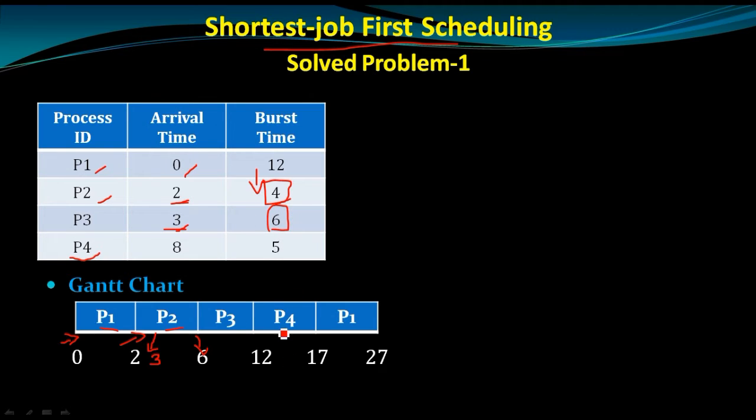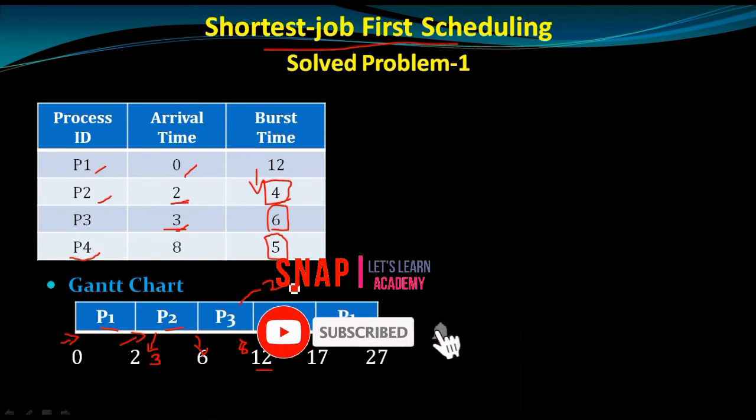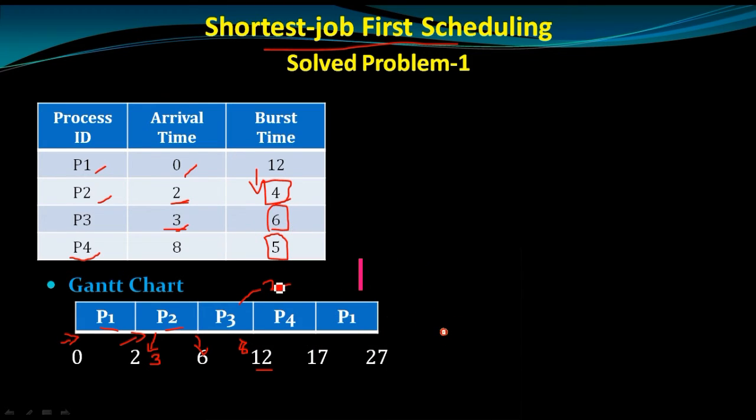So 6 plus burst time 6 is 12. During the 8th millisecond, during the execution of P3, P4 arrives with 5 millisecond burst time. P3 has already executed 2 millisecond. So total burst time is 6 milliseconds, 6 minus 2, 4 millisecond remaining, which means the shortest one is P3 compared to P4 at the 8th millisecond.